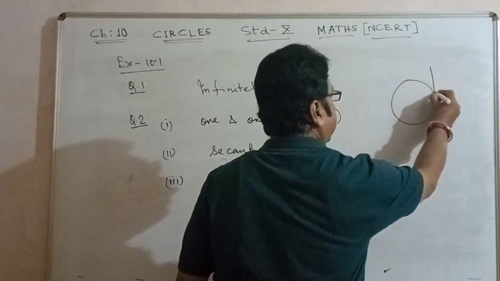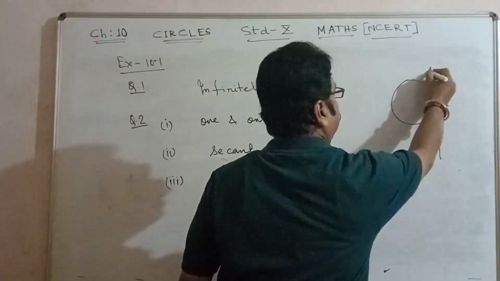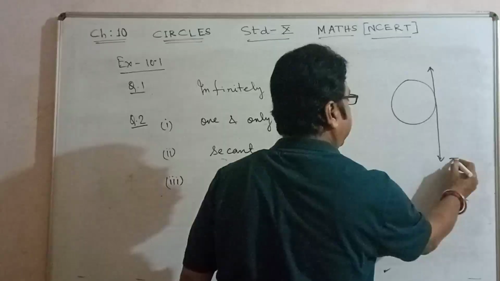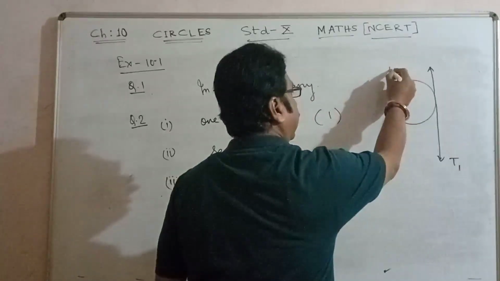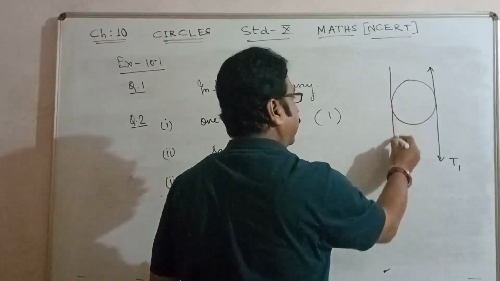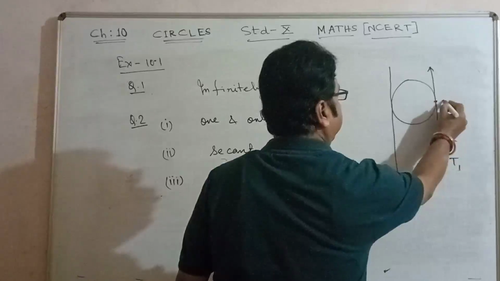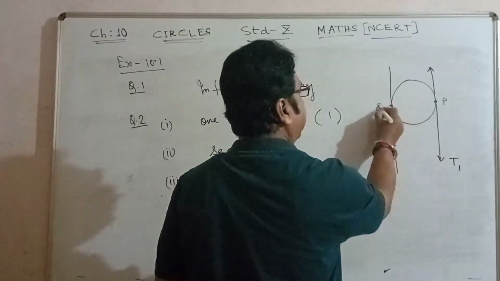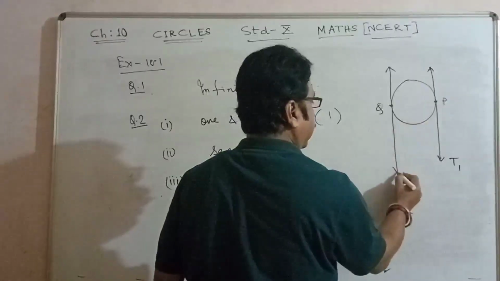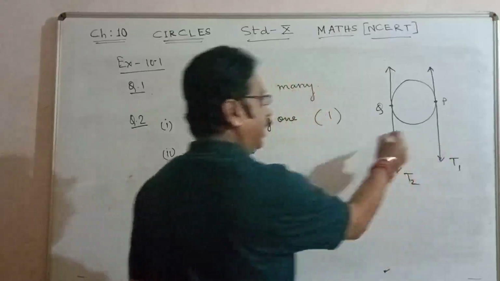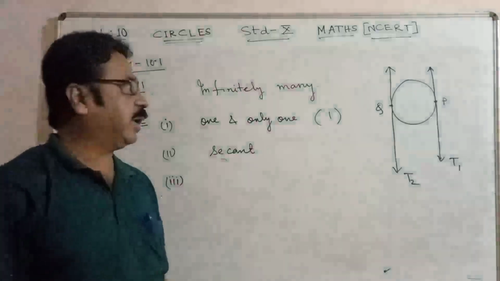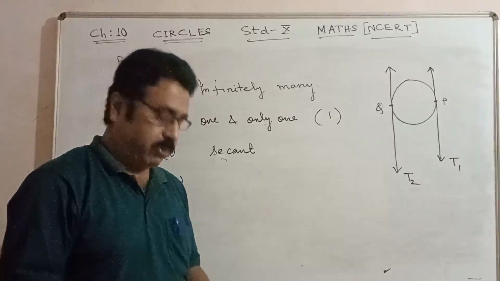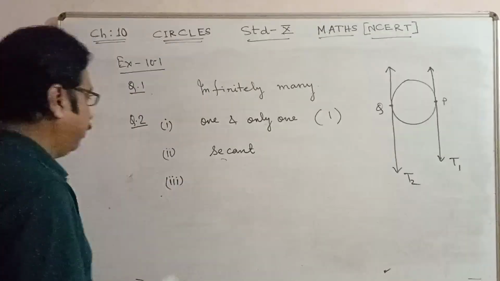One tangent. It is tangent, suppose T1. Suppose point P is the point of contact, Q is the point of contact. Only two parallel tangents we can get, not more than two. So the answer will be 2.